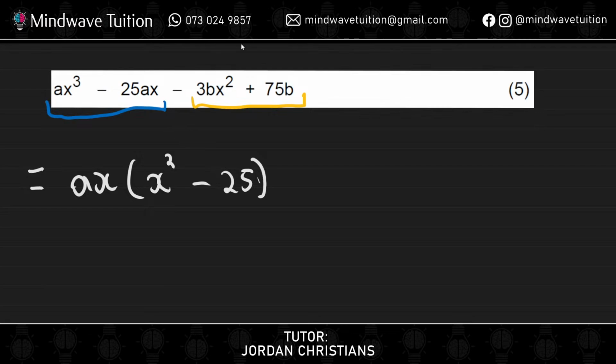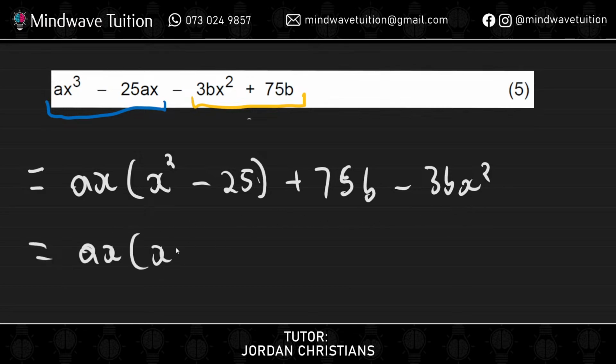We can either change this around by putting 75 in front of 3, and then bringing the 3 over, which is fine, that will also work, or we can take out the negative. So you know what, let's not worry about taking out negatives. Let's flip 75 and 3b around first. So we say plus 75b minus 3b x squared. And now you don't need to show this step in particular of the rearranging. I just did it for the sake of ease.